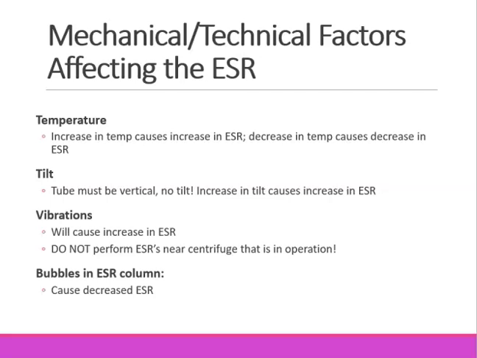Bubbles in the ESR column can cause a decreased ESR, meaning they don't let the red blood cells drop down as much as they normally would. They're going to hold those red blood cells up, those air bubbles inside the tube. So that is another mechanical technical error.